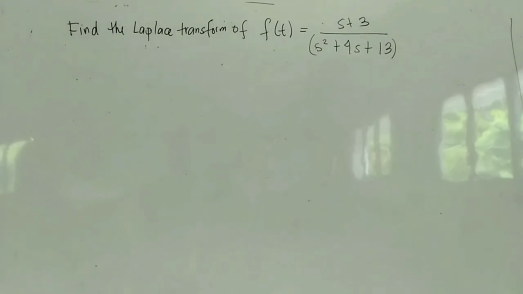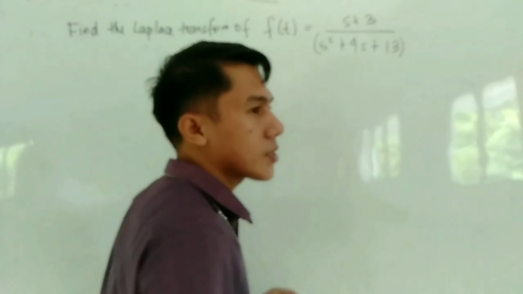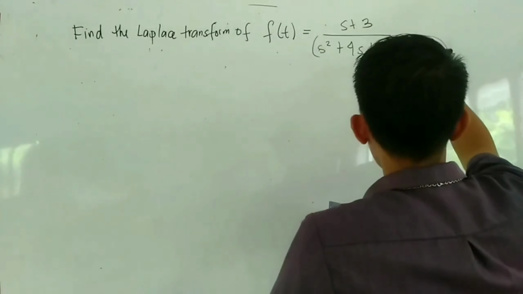Okay, we have here another example. Find the Laplace transform of f of t is equal to s plus 3 over s squared plus 4s plus 13. Okay? I will write here the equivalent Laplace transform table. Let me copy it here at the side.